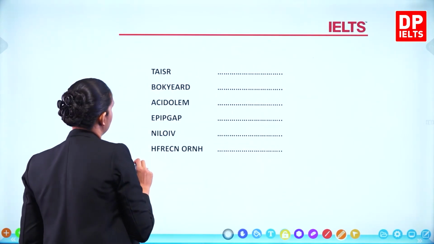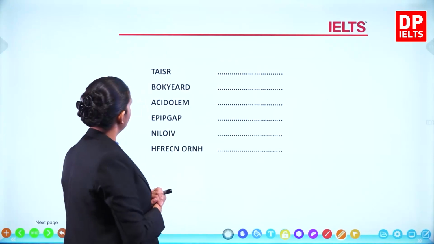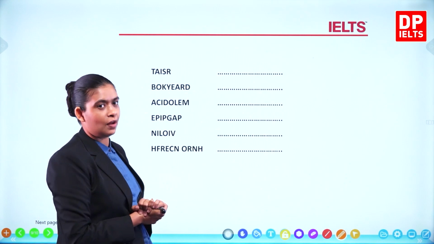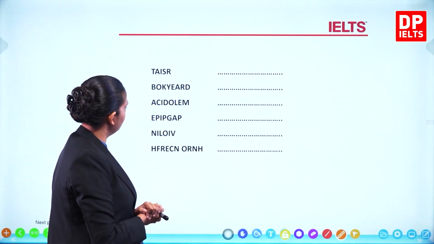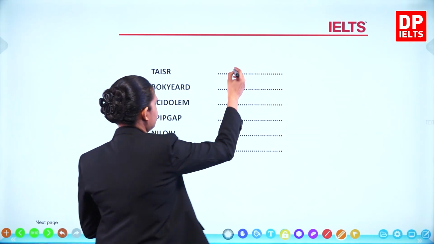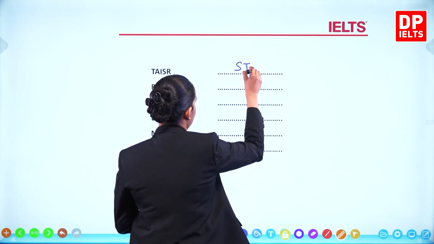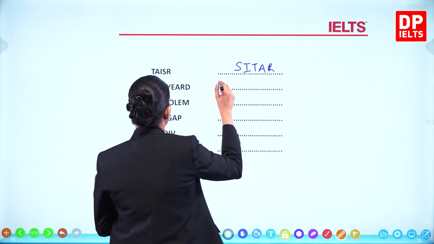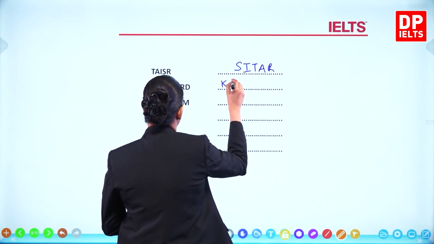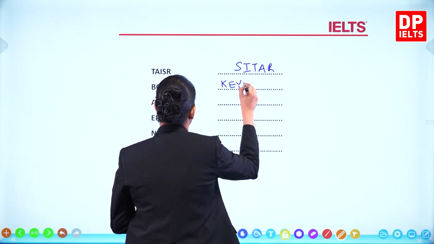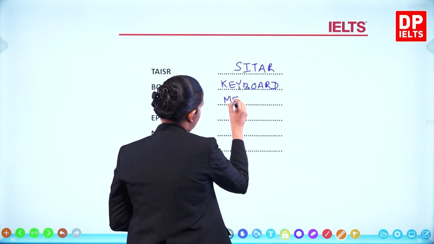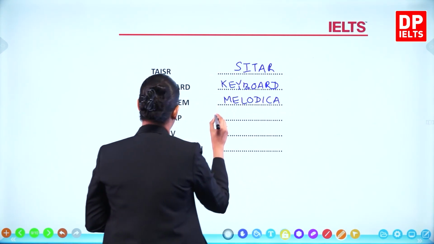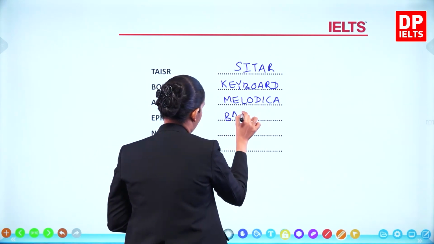All right. What are these? So again, you have a few minutes to look at it and write down what the answers are. Okay? So this one is sitar. This one is keyboard. Next one is melodica. Next one is bagpipe.